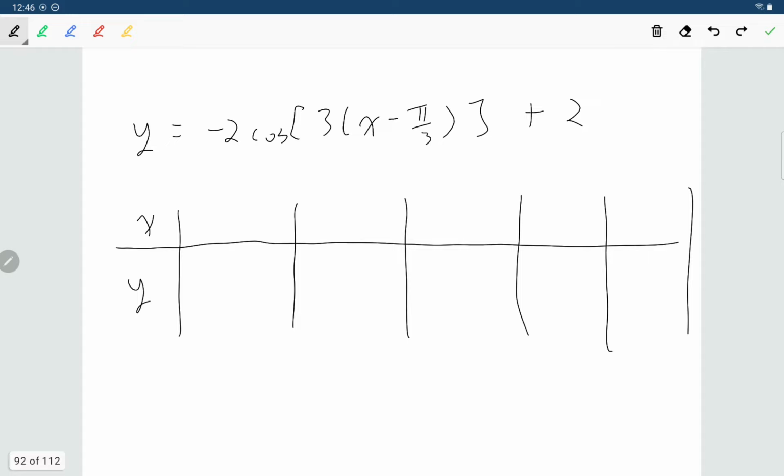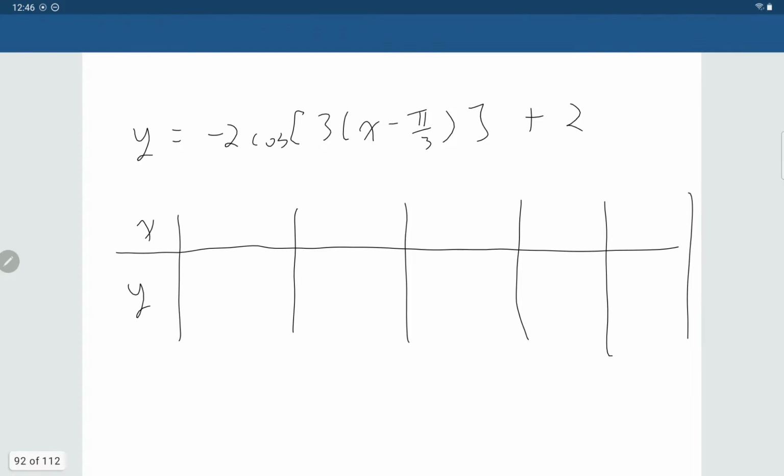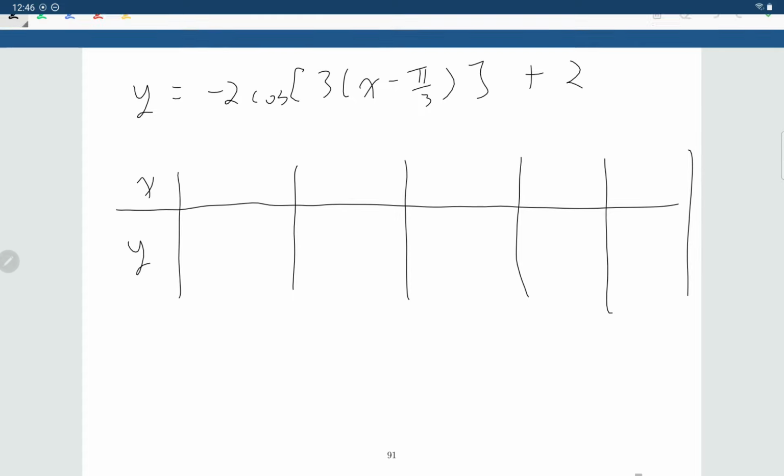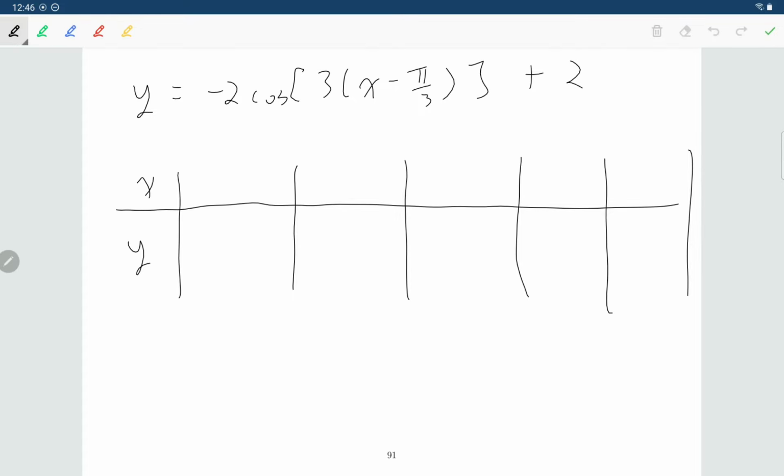We're adding because this is a phase shift of pi over 3 to the right, so this is shifting our graph to the right by pi over 3. And so we're going to start by taking all of our x coordinates and adding pi over 3 to them.